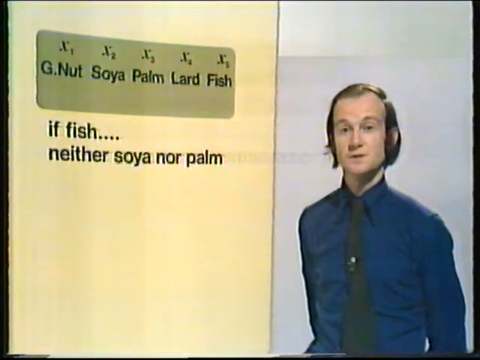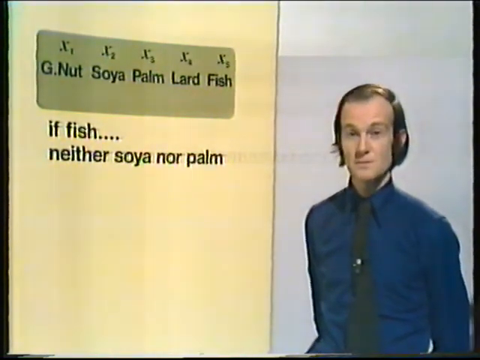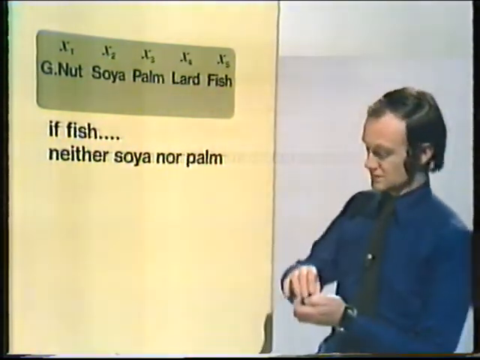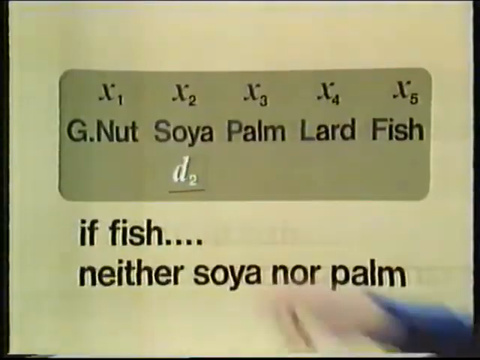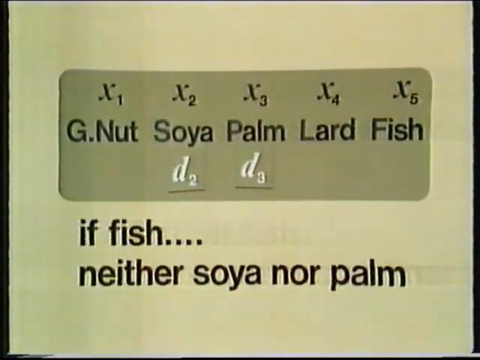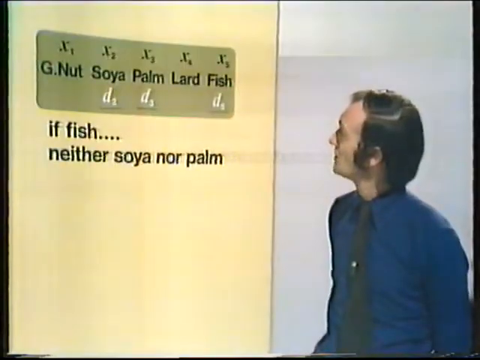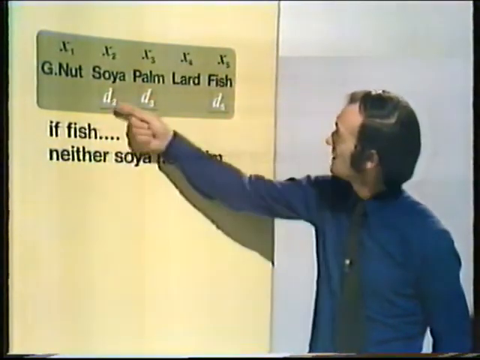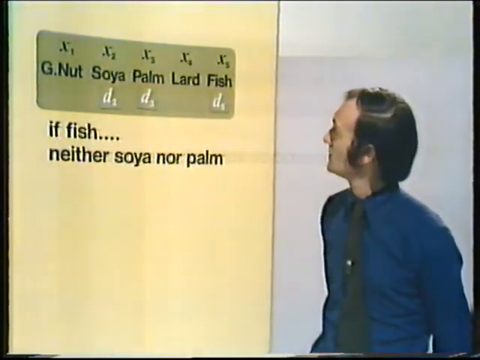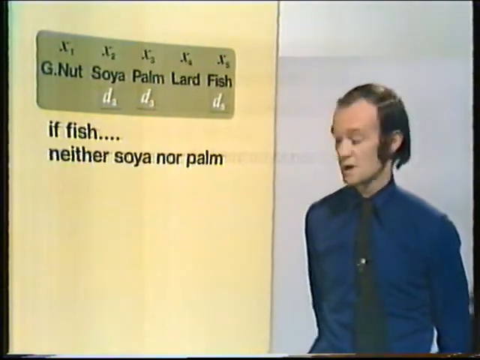We have to introduce some extra variables into our problem, some integer variables. These are 0, 1 integer variables. They can only take 2 values, 0 or 1, indicating the presence or absence of the corresponding ingredients. For example, if we have soya in our margarine, we want to make sure that D2 is 1.